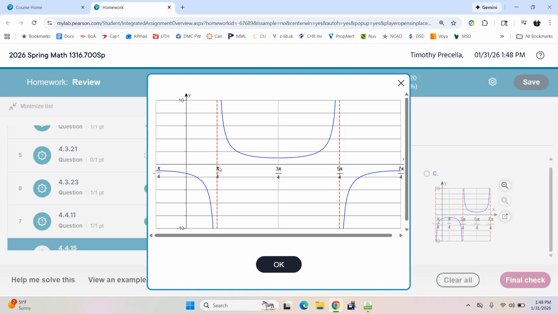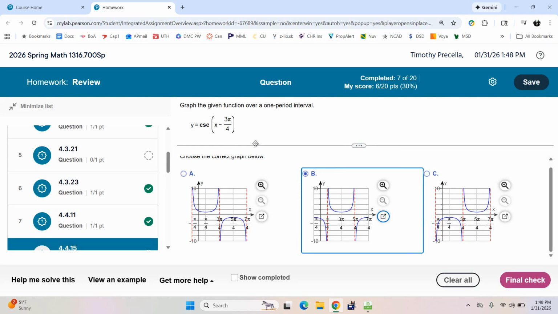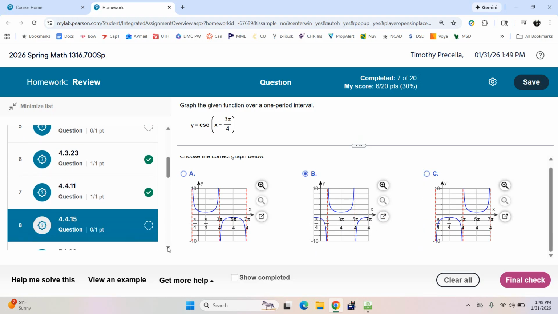Pi over 4 to 5 pi over 4. I better check at this point and see, have I miscopied the problem? Oh wow, y'all, I'm sorry. This says cosecant of x minus 3 pi over 4. Did it change those numbers again? Or did I just miscopy it?